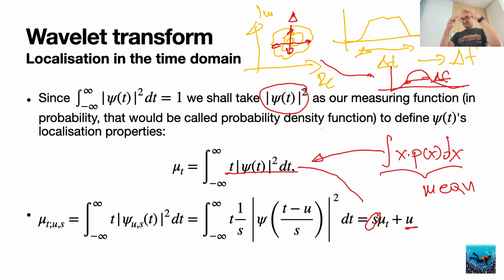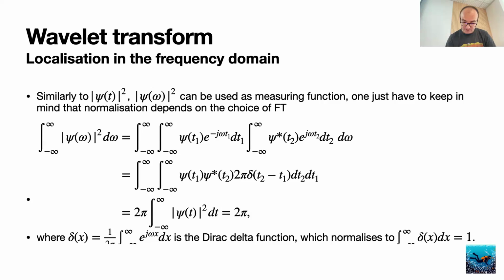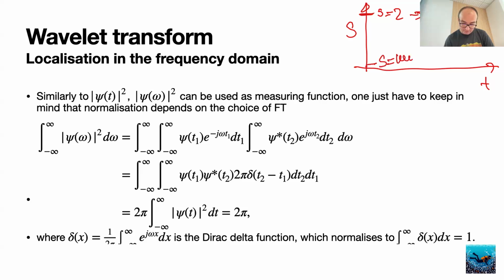Okay, this is maybe a little bit cumbersome, but just look at it like this. If I do it like this, we have time and we have scale here. The lower the scale, which equals high frequency, and this is scale equal to some maximum value. It's inverted.